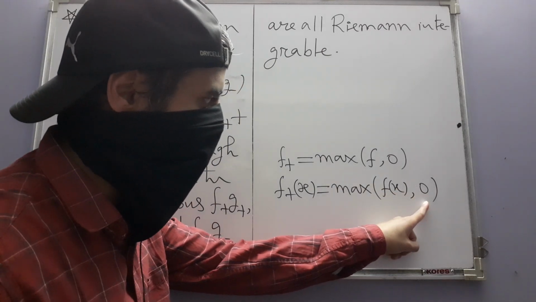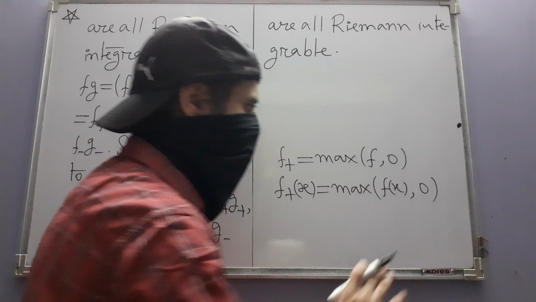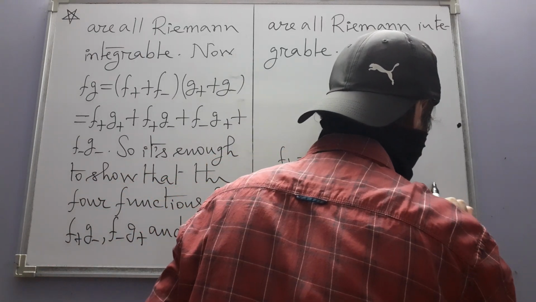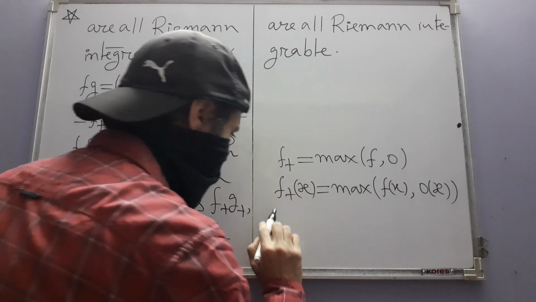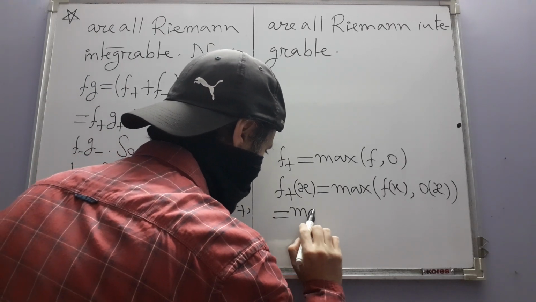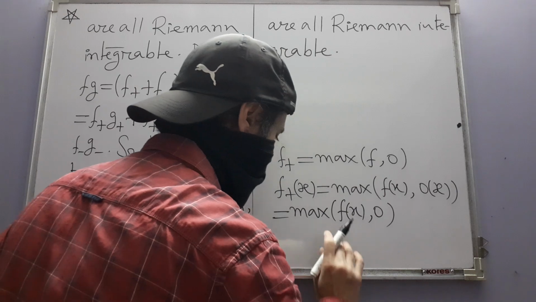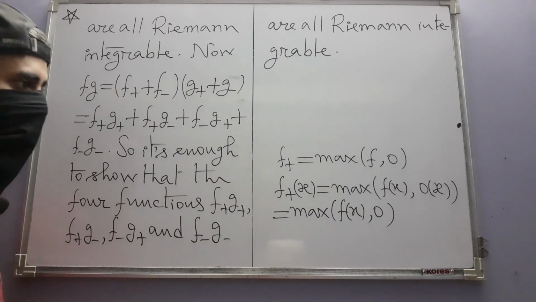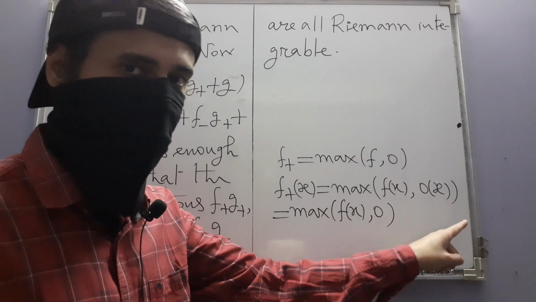This 0, however, is the real number 0. If it looks somewhat confusing, you write one more step like this, so that now you clearly know that this is the real number 0. This is the output of this function at the input x.